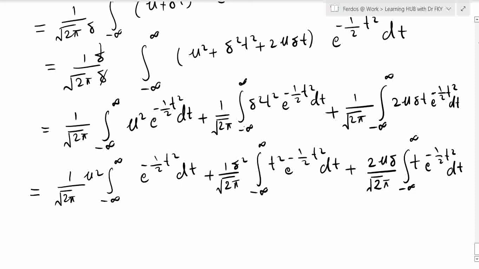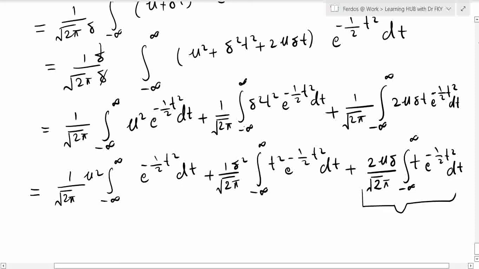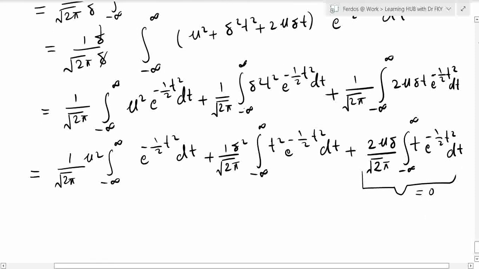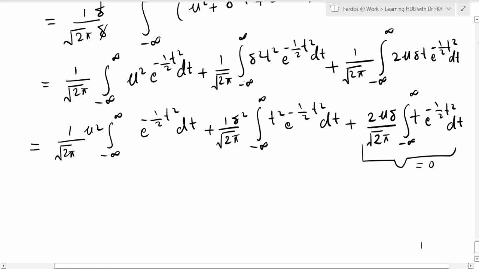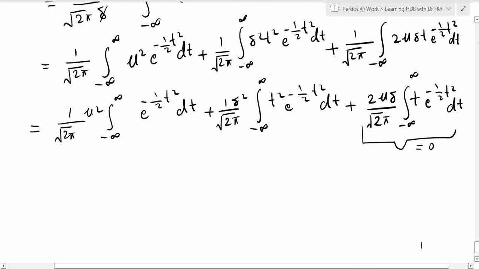Now we can use the property of odd and even functions and solve these terms. So this is now an odd function, and as we discussed already, the integration from minus infinity to infinity is equal to 0. And for the even function, you take twice the area or integration and start the limit from the mid, that is from 0 to infinity.